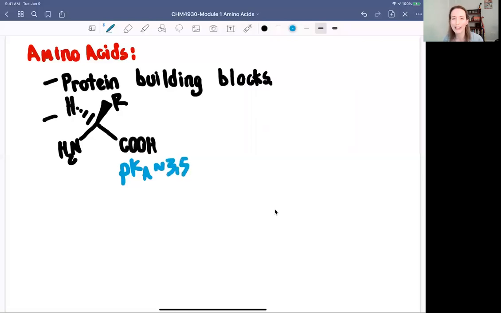What that means is if the pH is above the pKa value of 3.5, that carboxylic acid group is going to be primarily found in a deprotonated state. So if the pH is, say, 7, the typical physiological pH, what's actually going to be present here is a negative formal charge. Rather than having the carboxylic acid group there, it's going to be the carboxylate, the deprotonated carboxylic acid.